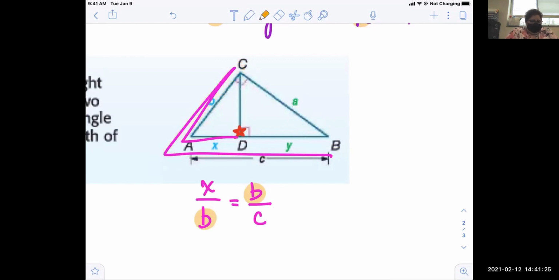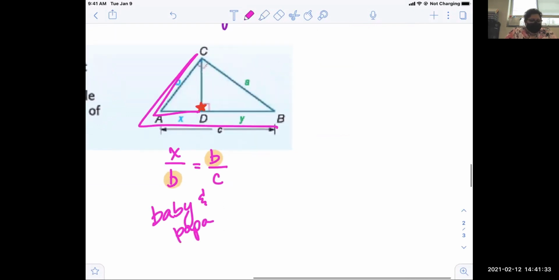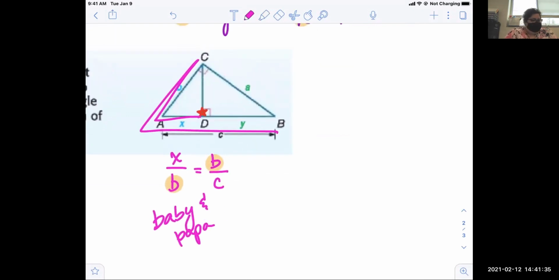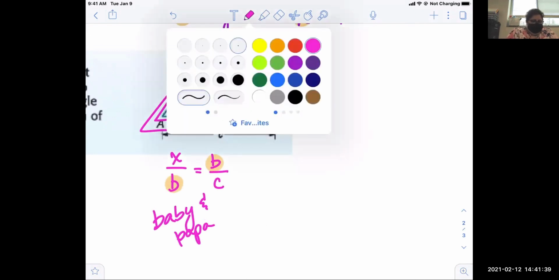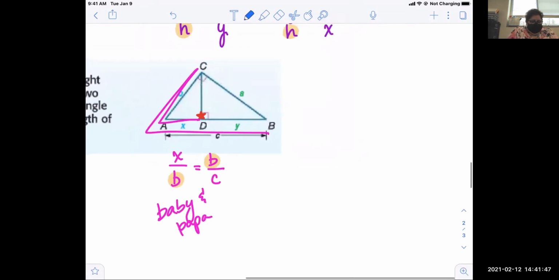But we're always going to start, this is Baby and Papa. And again, it is short leg to hypotenuse. We're always going to start at the bottom of the altitude. Okay, if I go the other direction, if I go this way instead, tell me what the other side would give you. Finley, can you give me the proportion for if I go this way?